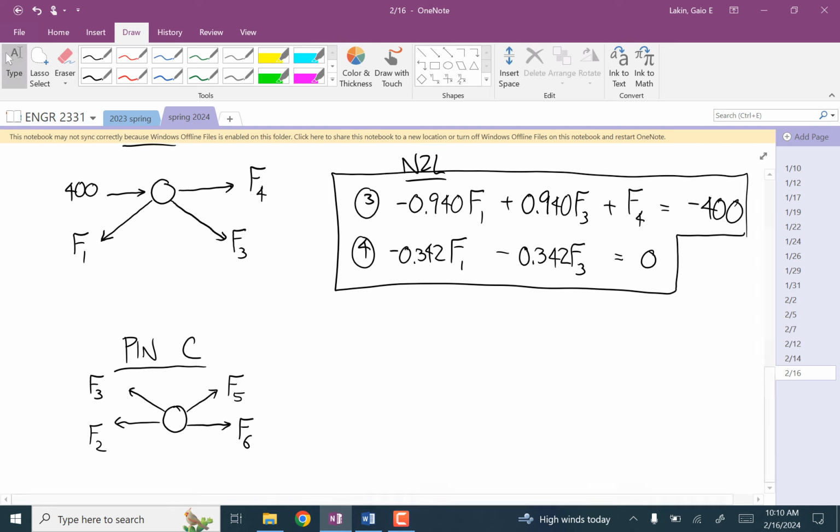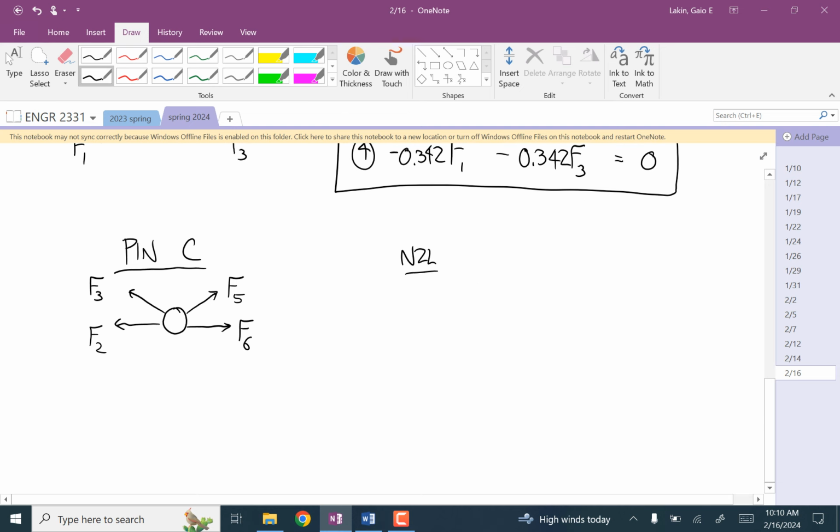Okay, so Newton's second law here says negative 0.940 F3 plus 0.940 F5 minus F2 plus F6, bless you, is equal to 0.